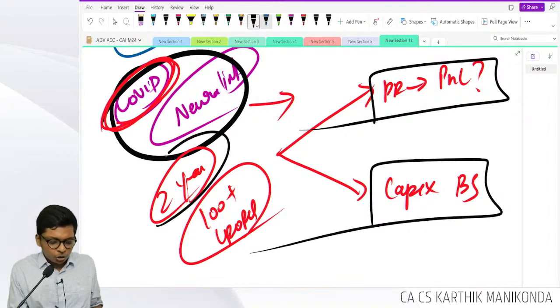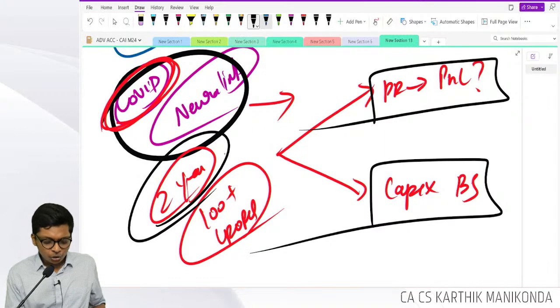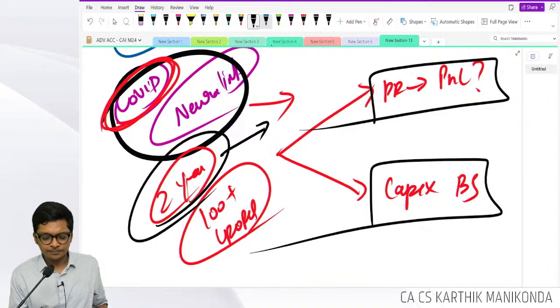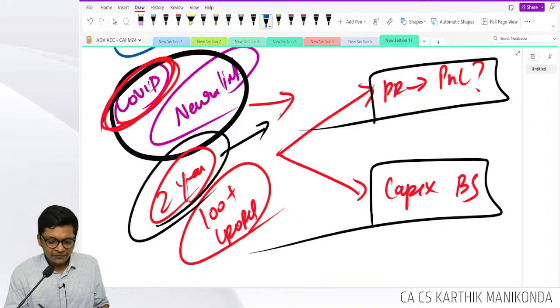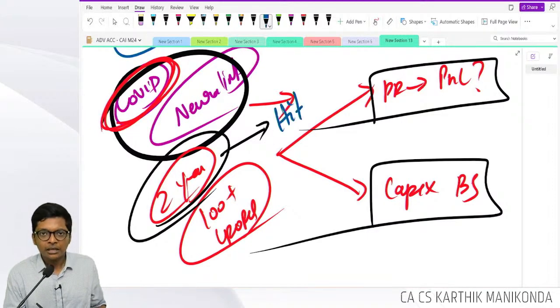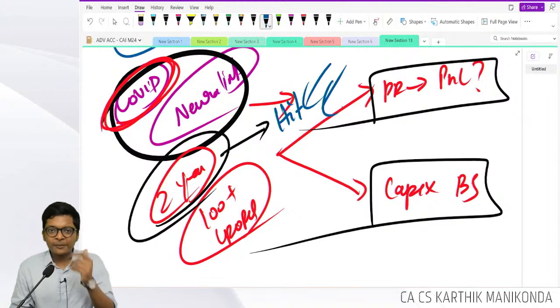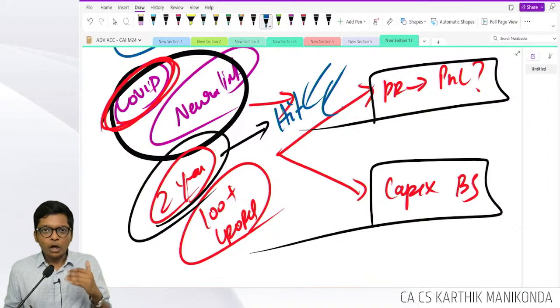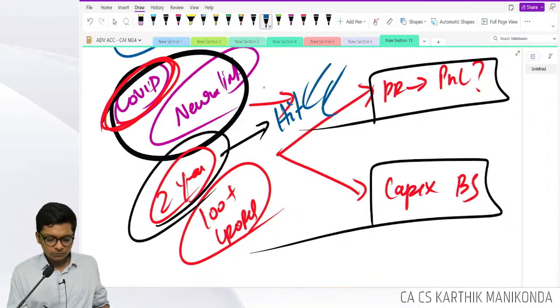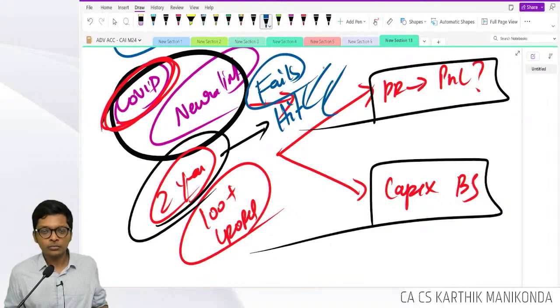Because after 2 years, what will happen? If the COVID vaccine is a hit, it's approved, you will get money, everybody will pay for it. Leave COVID vaccine, anything you are building, software, patent, whatever. But after 2 years, if the vaccine fails, what to do?